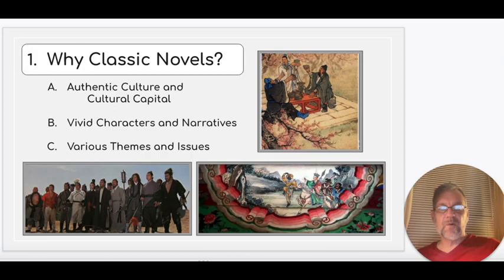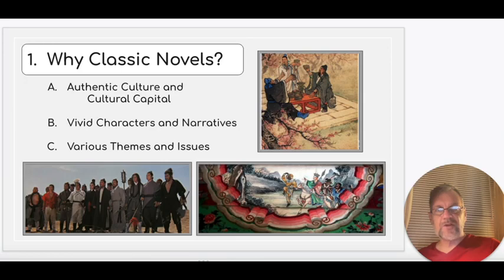Third, and most importantly, the classic novels offer a wide range of themes and issues for your students to investigate. In a nutshell, they present the foundations of Chinese culture and touch in the same way on essentially human questions.